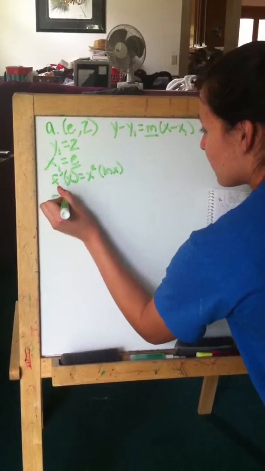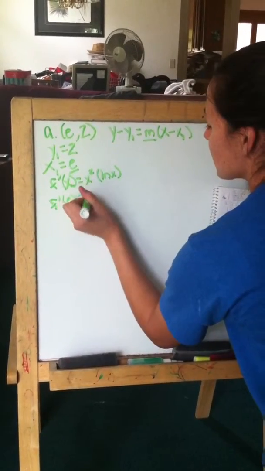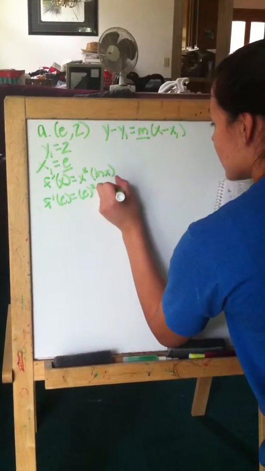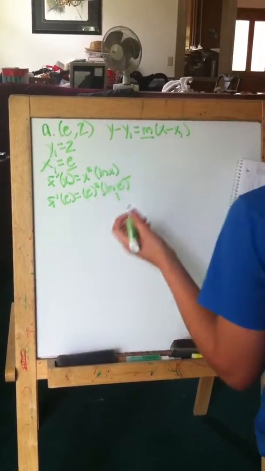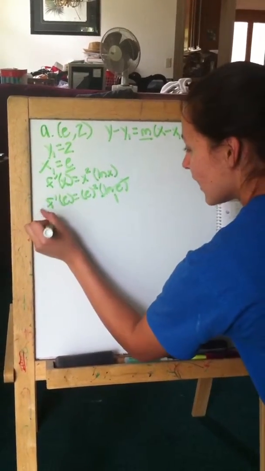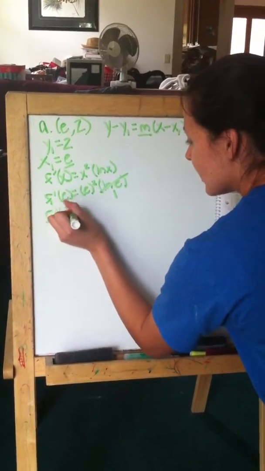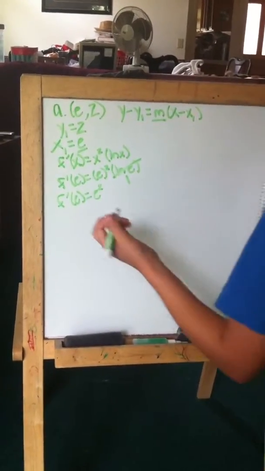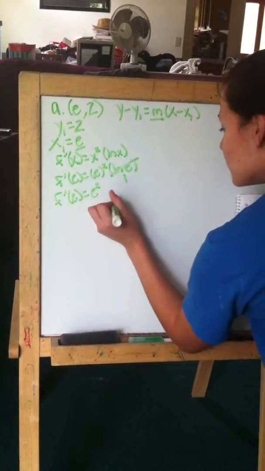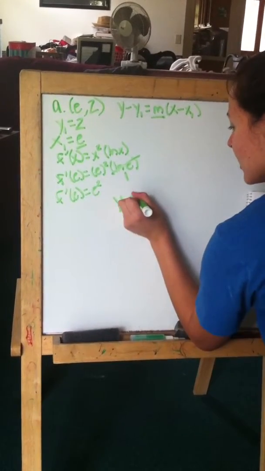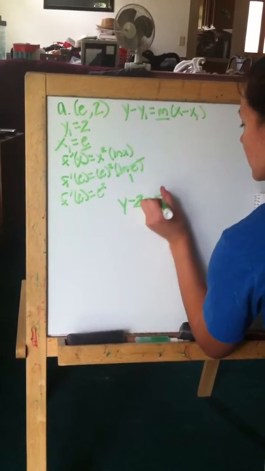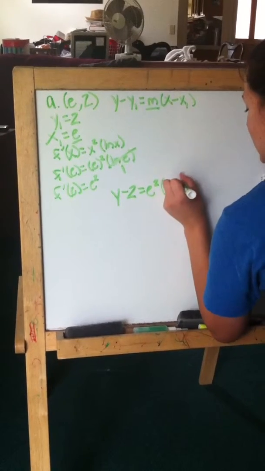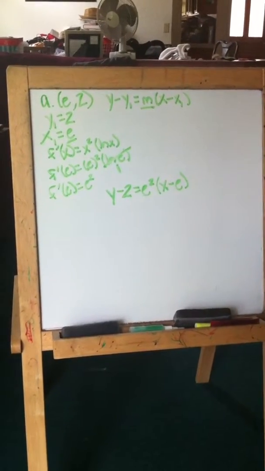So f prime of e equals e squared ln e, and ln e is 1, so f prime of e is just e squared. Plugging all these in, you get y minus 2 equals e squared times (x minus e). And that's it.